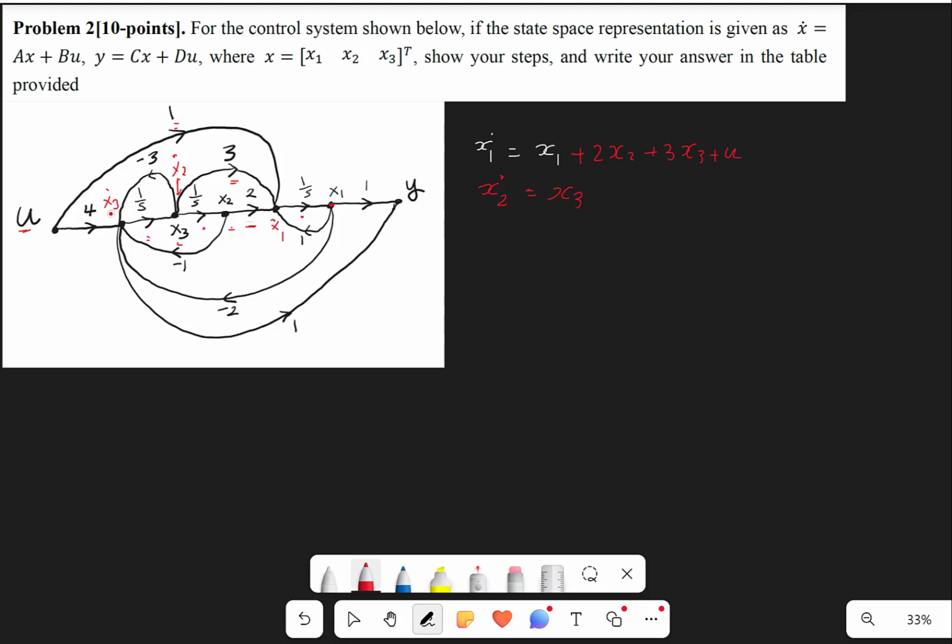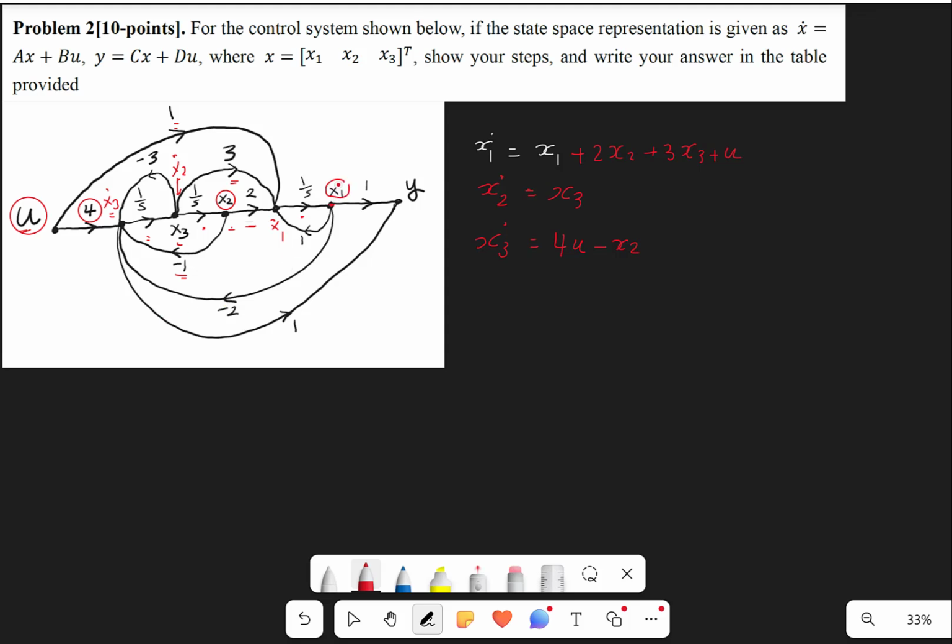So what about x3 dot? Now this is x3 dot. Let's write it. x3 dot will equal: the first thing, we can see the input is entering with the scaling equal to 4, so this will be 4u. Then here we have a feedback from x2 with minus, so this will be minus x2.